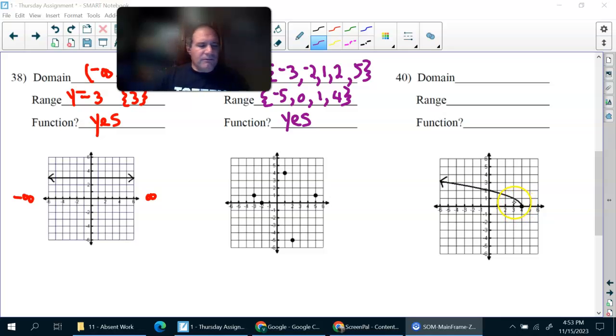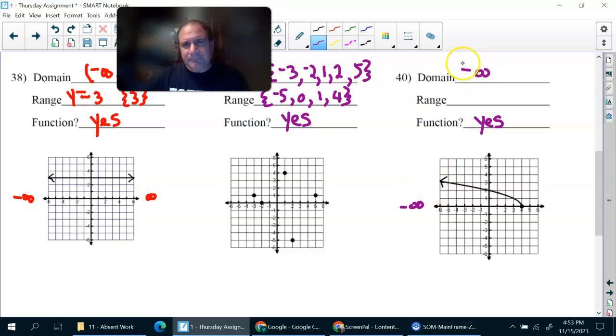So we're talking about domain here, and this is of a graph again. It is a function right away because you're doing your vertical line test. The domain, the leftmost part of this graph, is just going in that direction forever. So that is a -infinity.